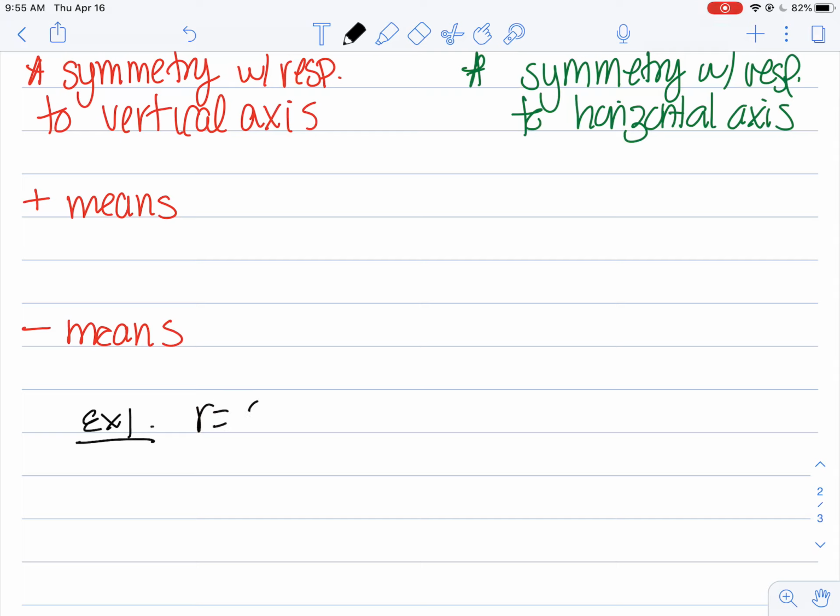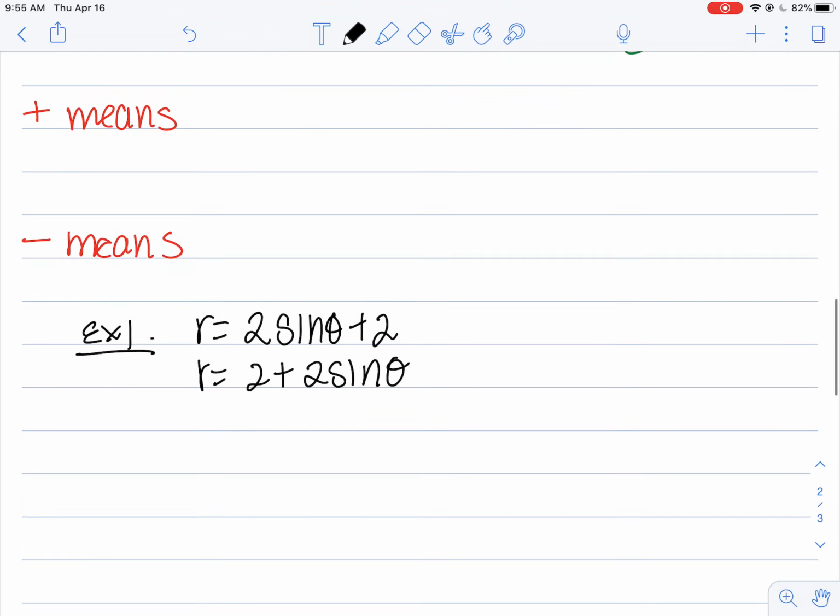So r equals 2 sine theta plus 2. That's the same thing as 2 plus 2 sine theta. So right away I recognize it's a cardioid because these two values are the same. If I were you, I would start with a helper graph.